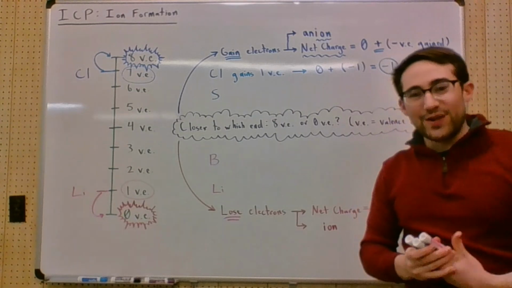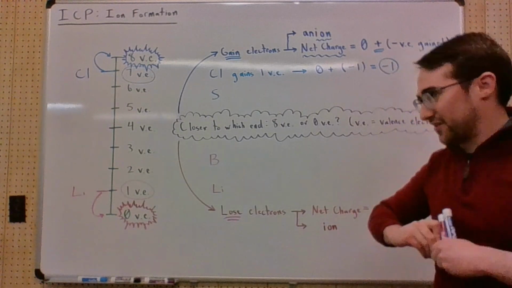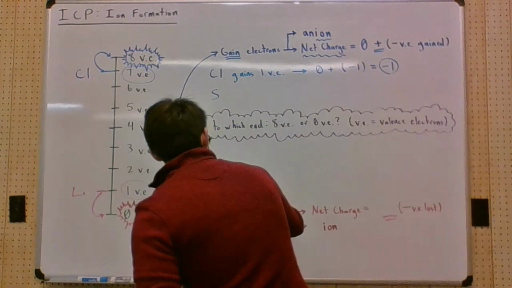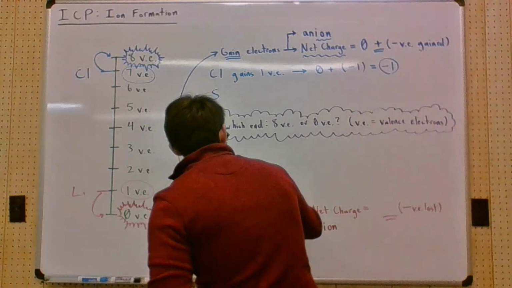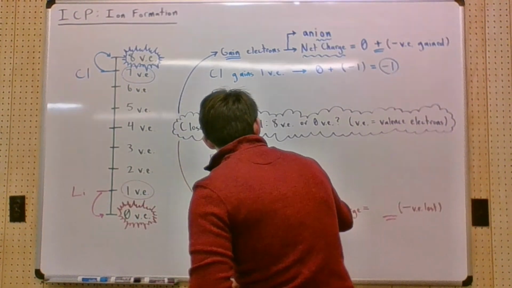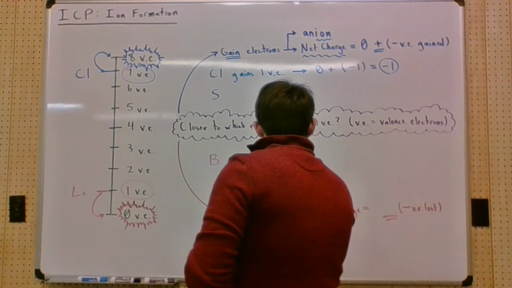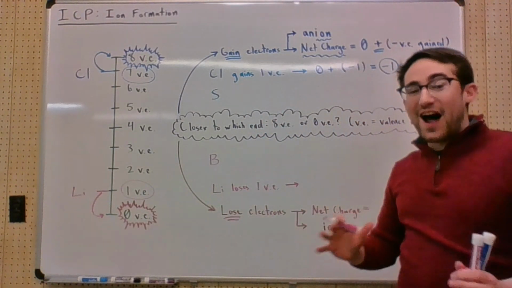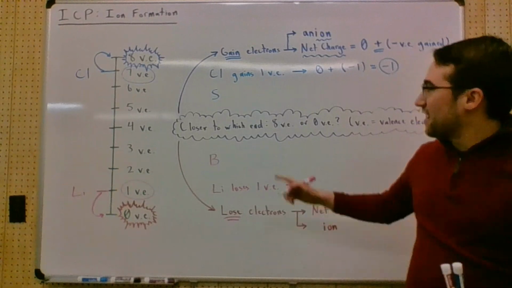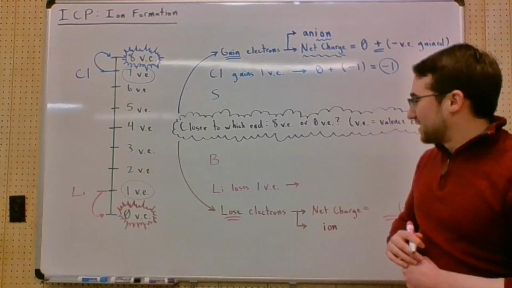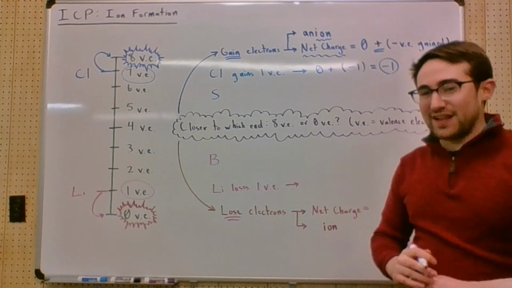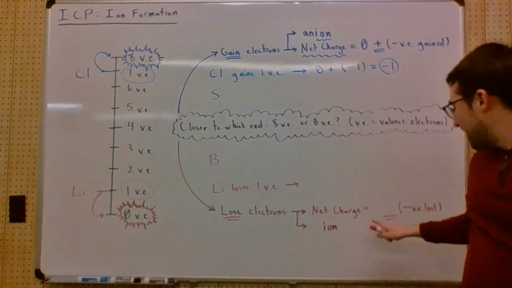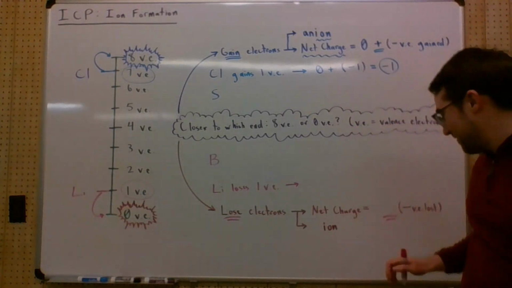So we are going to make an ion here. All right? Our lithium is going to lose its one valence electron. And I can figure out what charge this ion is going to have, kind of like what I would with chlorine. But in this case, since I am losing that one valence electron, instead of adding, I'm going to subtract here.